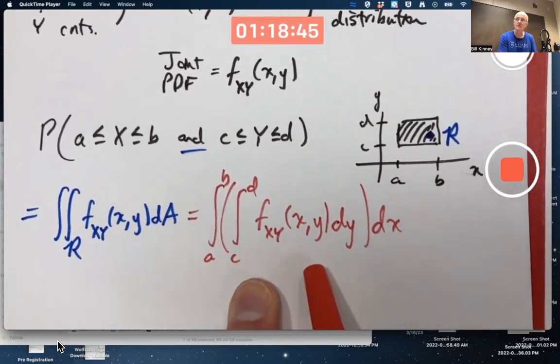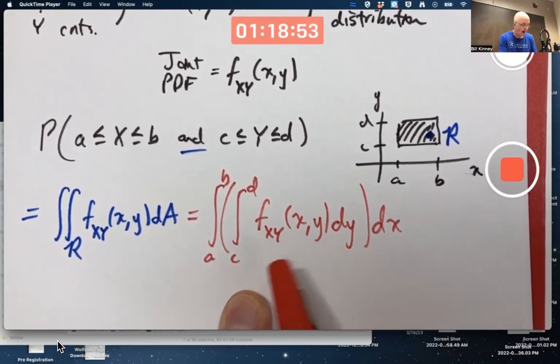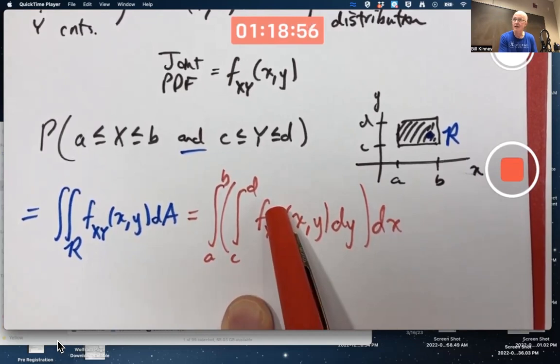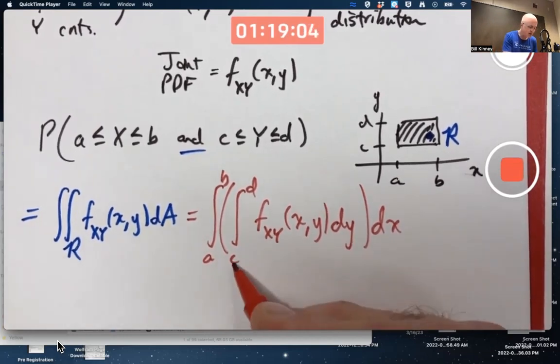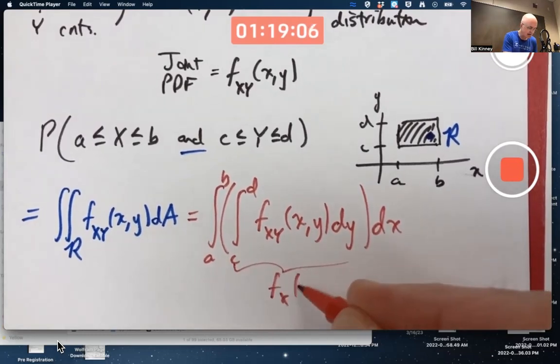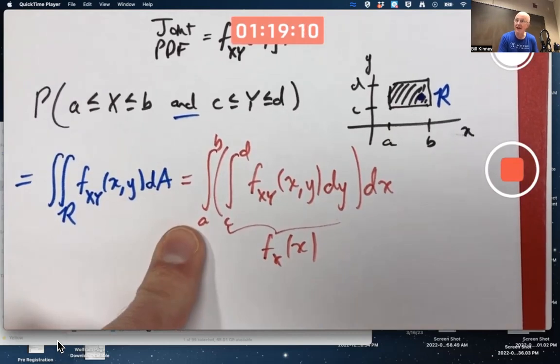The inner integral is to integrate the joint PDF with respect to y going from c to d. When you do that integral, which everybody can do, even if they haven't had multivariable calculus, your answer will depend on x, and in fact will be the marginal distribution of x. And then you integrate that function as a function of x from a to b.